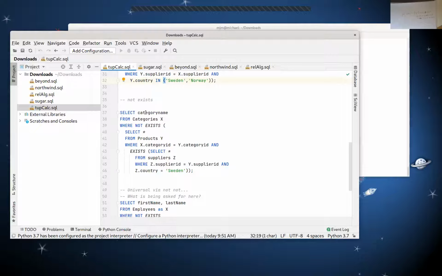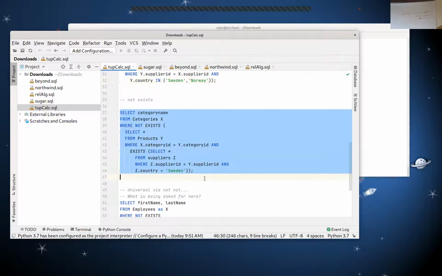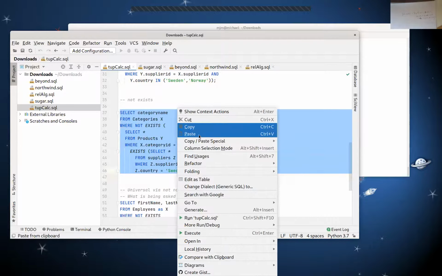I can write this out in tuple calculus, but do people understand what's being asked for here? It's give me the category names for categories where there does not exist a product for which there exists a supplier from Sweden. So this is telling us what are the categories that are not supplied by Sweden, and that should be everything. Definitely, seafood should not be there.